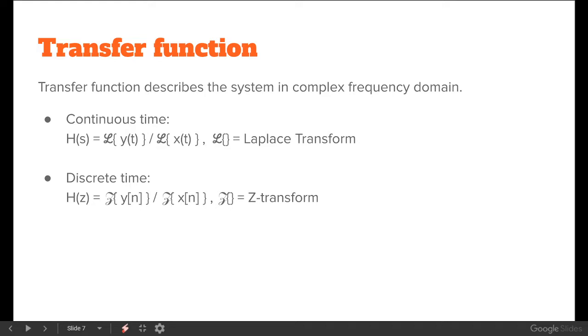On continuous time systems, you can actually calculate what is the output for given input if you know the Laplace transform of the input and transfer function of the system.